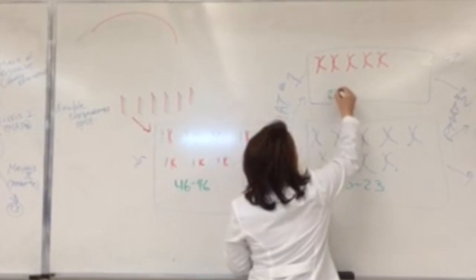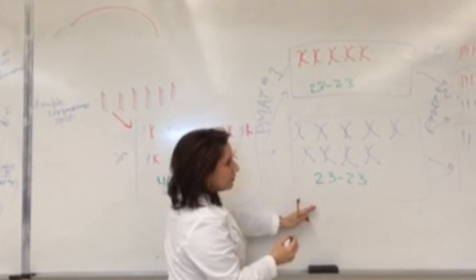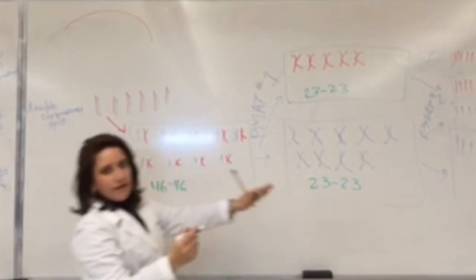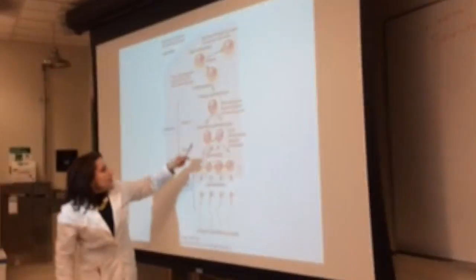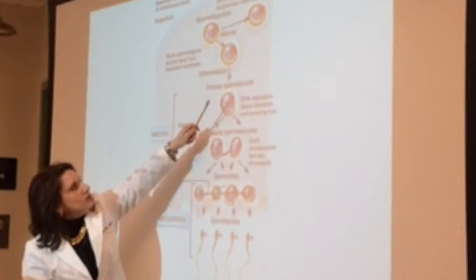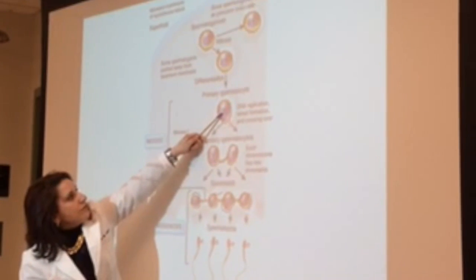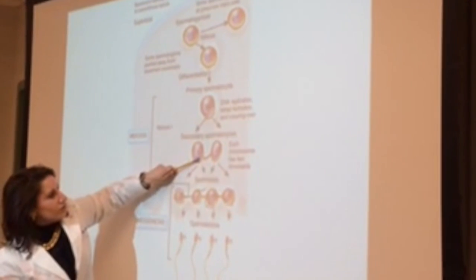These are called secondary spermatocytes. You've undergone meiosis 1, so primary spermatocyte, 46, 46, secondary spermatocyte, 23 and 23.